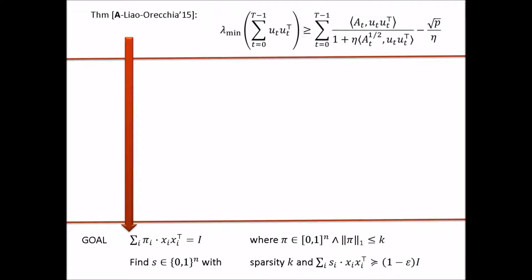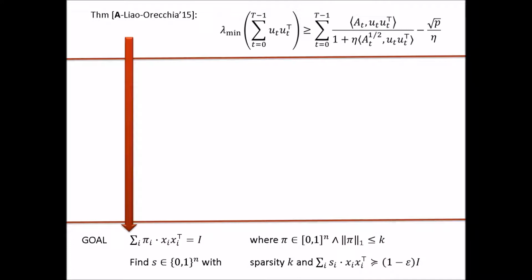In other words, we want to lower bound the minimal eigenvalue of this matrix, and we're going to use the inequality above to lower bound the eigenvalue. So that's what I'm going to do on this slide.